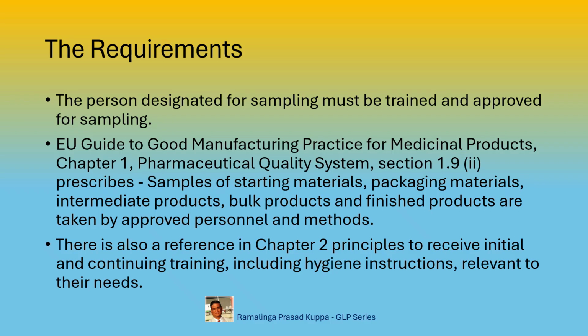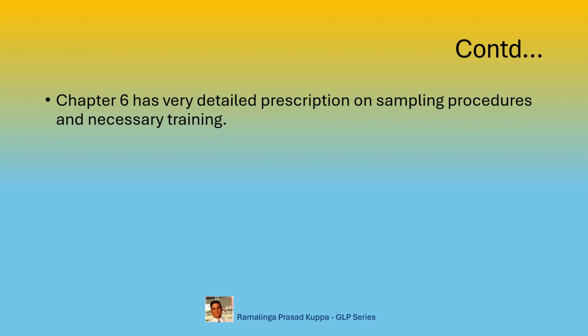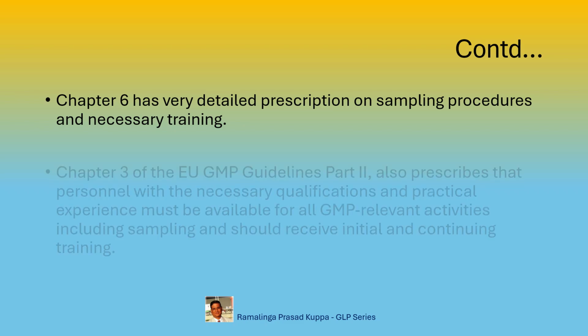Refresher training is a must when there is a modification or revision to the existing system of sampling procedures. Chapter 6 has very detailed prescription on sampling procedures and necessary training. Chapter 6 of the guideline is also worth reading.